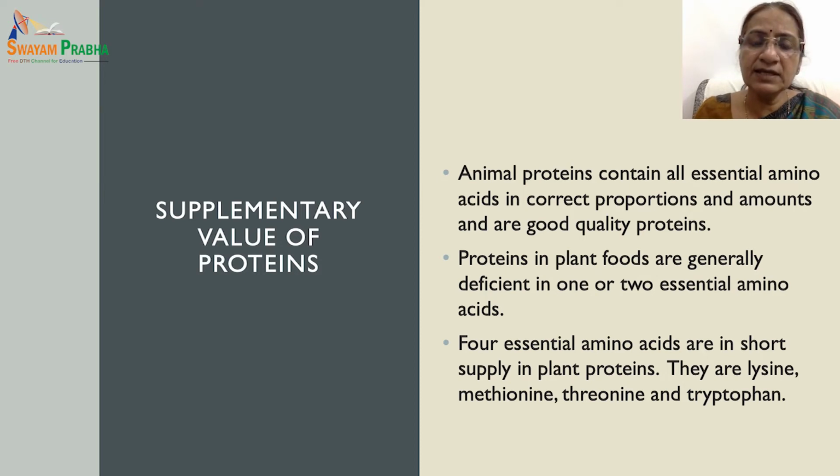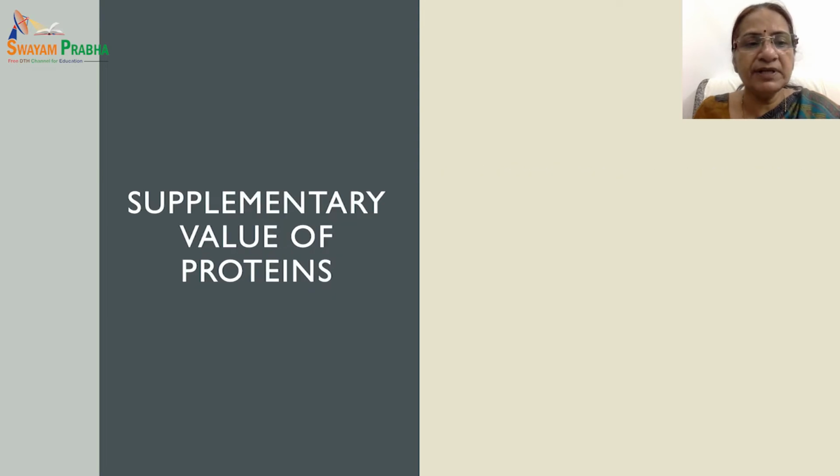Egg protein has a biological value of 100 and is the reference protein as its amino acid composition corresponds most closely to human requirements. Now, supplementary value of proteins can be increased in 3 different ways.